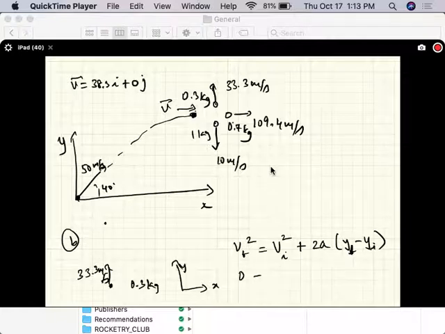So V final is 0, V initial is 33.3 meters per second, and a is negative 9.8 meters per second squared. And this is the height above the explosion point that it rises. You can solve for h. This works out too.